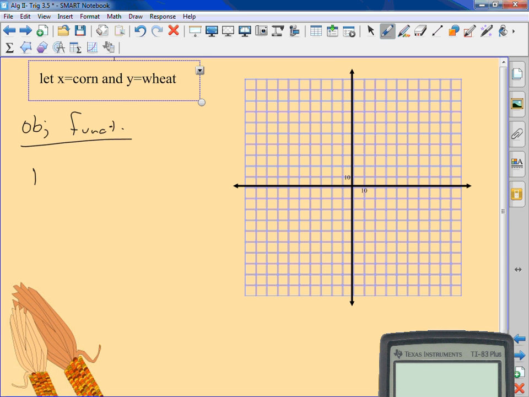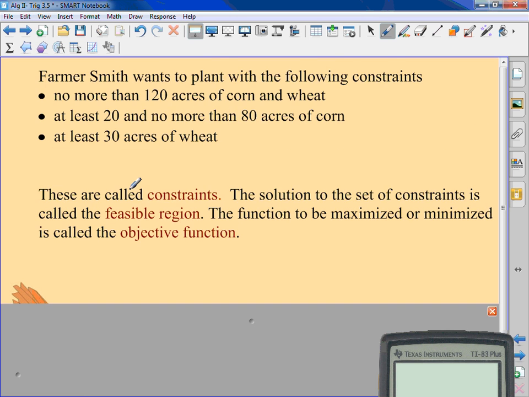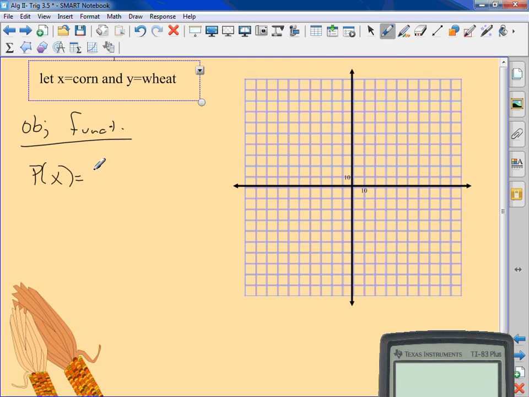So my profit is, what do I know about corn? Corn is yellow. Doesn't help me in the math problem though. Okay, we're talking about from here. It makes 113.5 bushels.